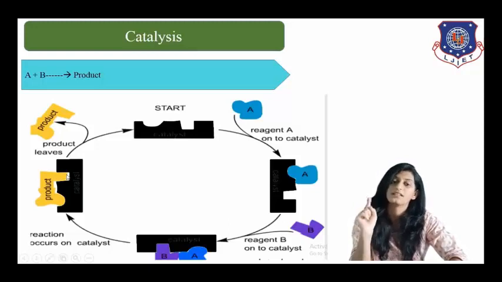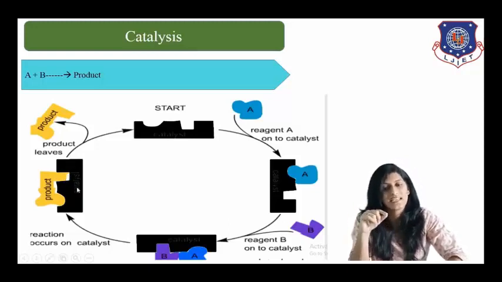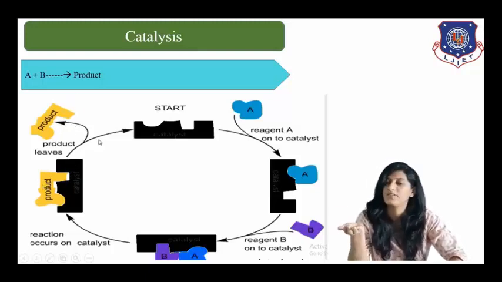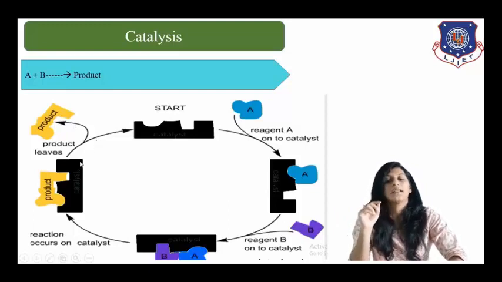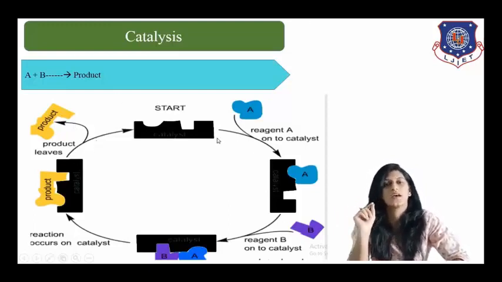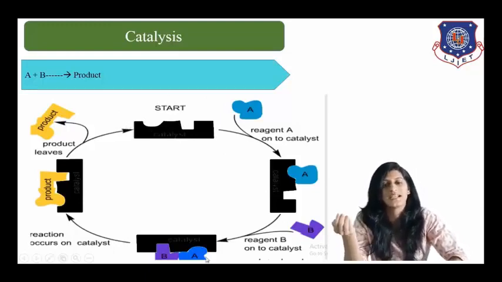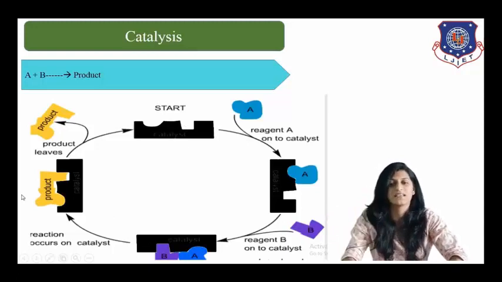Once the product is formed, it can easily be detached and you can get that product out of the catalyst surface. Now the catalyst surface is again available for a fresh reaction to take place. So this is the entire mechanism of catalysis. Right.